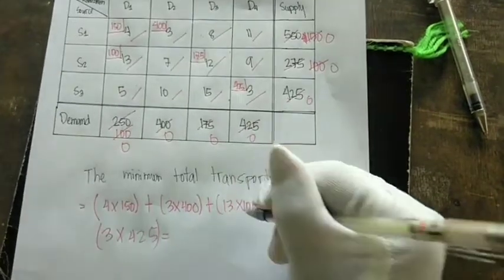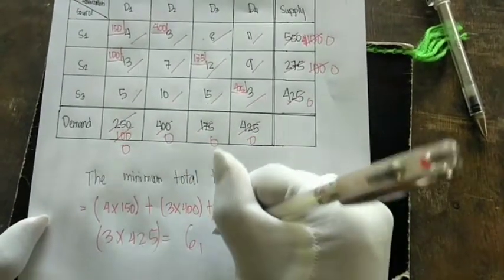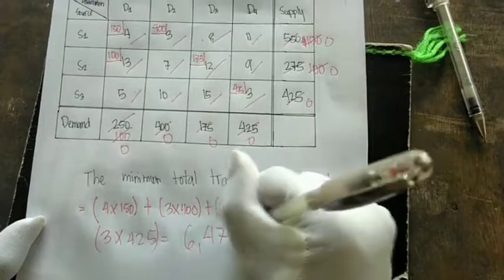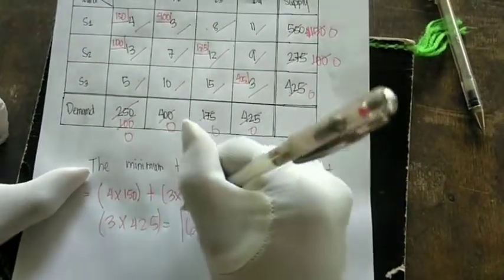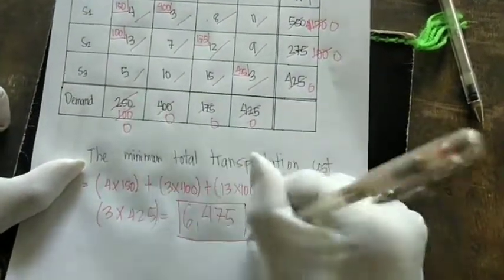So the total cost will be 6,475, and this will be our final total cost in the least cost method.